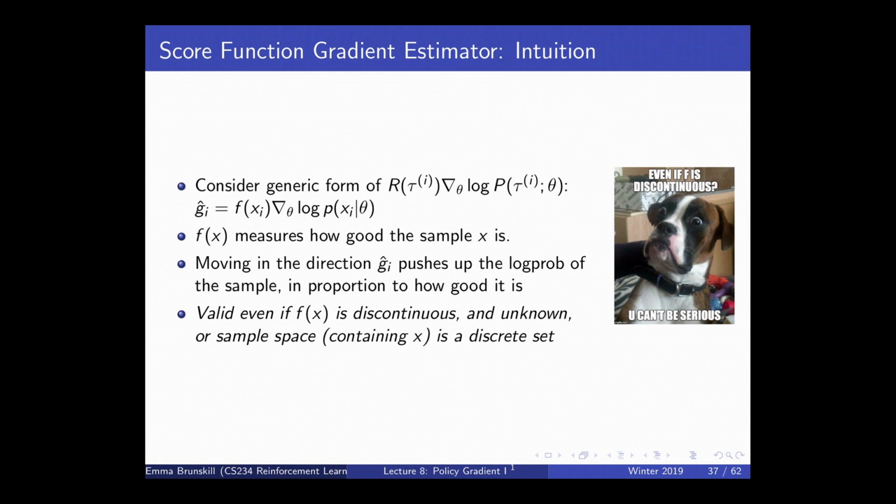What this does is move up the log probability of that sample based on how good it is. We want to push up the parameters that are responsible for us getting good samples. We want parameters in our policy that cause us to execute trajectories that give us high reward.